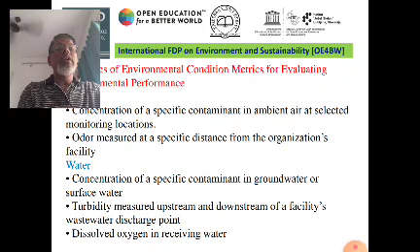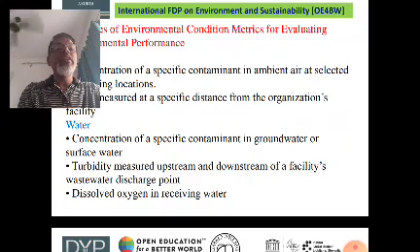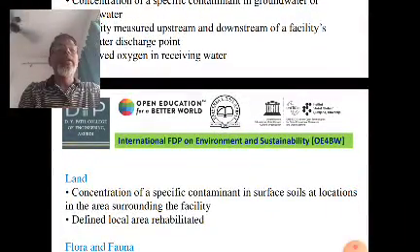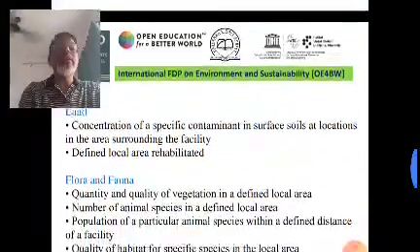Water: concentration of specific contaminant in groundwater or surface water, turbidity measured upstream and downstream of the facility wastewater discharge point, dissolved oxygen in receiving water. Land: concentration of specific contaminant in surface soils at locations in the area surrounding the facility, defined local area rehabilitated.